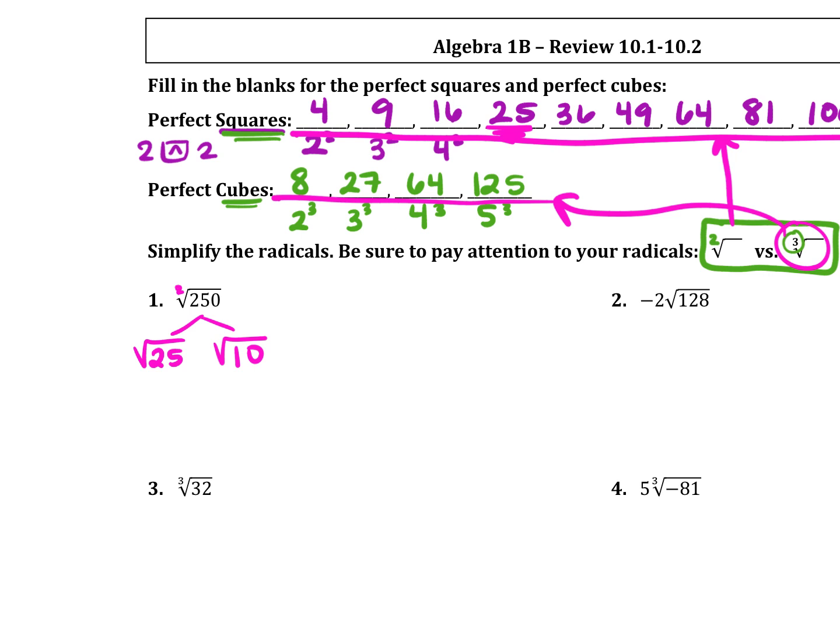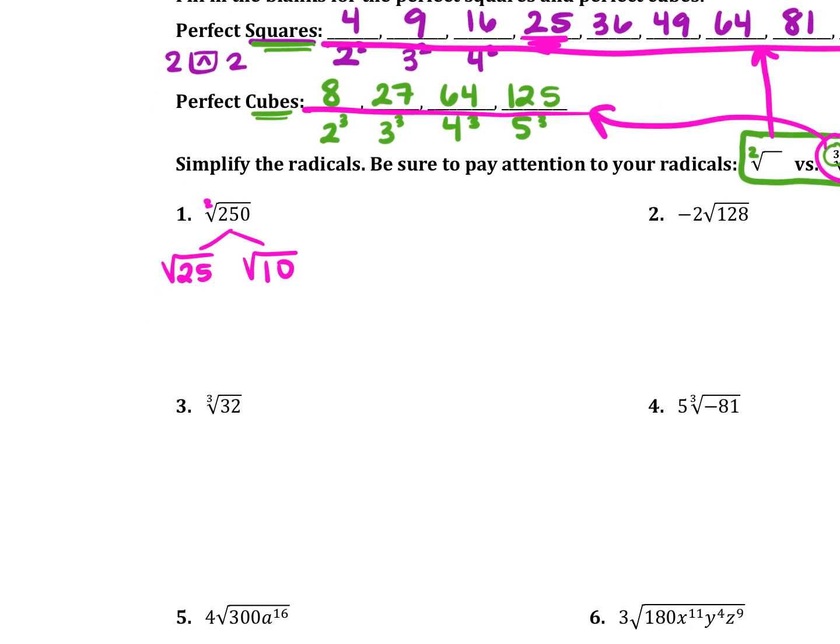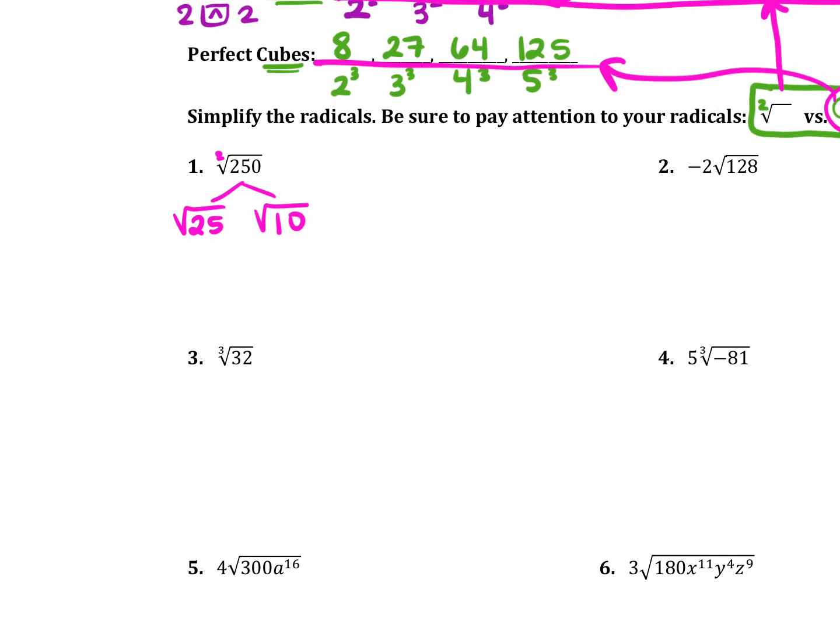So you write it as the square root of 25 times the square root of 10. What can you simplify about that? Square root of 25 is what? That's 5, okay? And again, your calculator will do that for you. Just type in the square root of 25, and then you can write the square root of 10. So 5 rad 10 is your simplified form, okay?